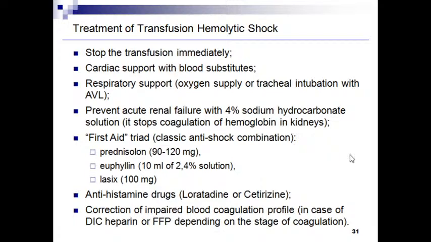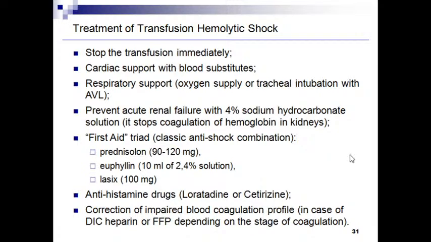Next, should we do cardiac support with blood substitutes? We should use anti-shock blood substitutes for supporting cardiovascular system of the patient, because shock, first of all, is a disturbance of cardiovascular system. Next action is a respiratory support. Oxygen supply or tracheal intubation with AVL.